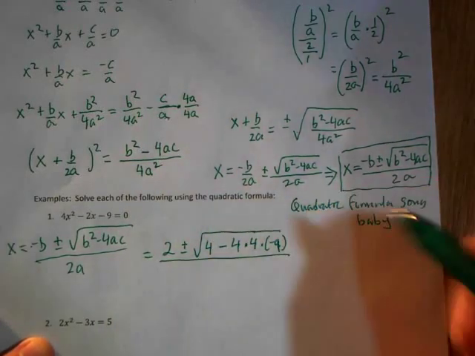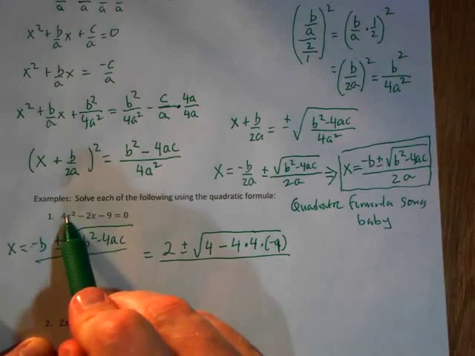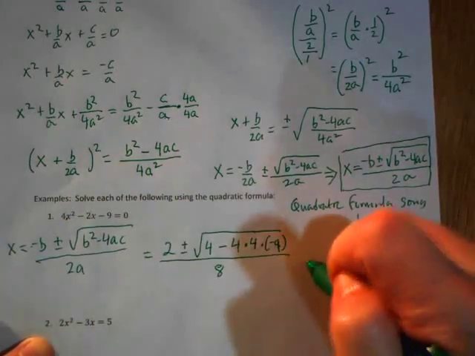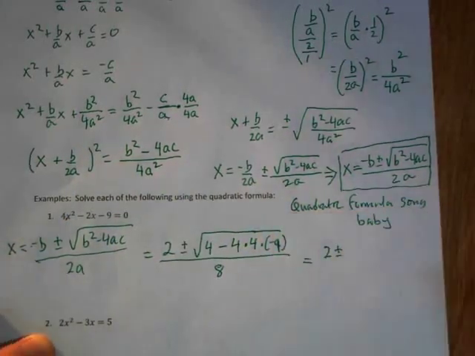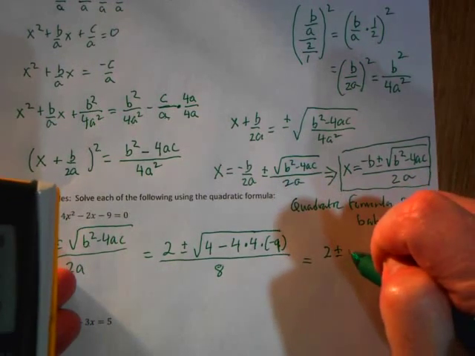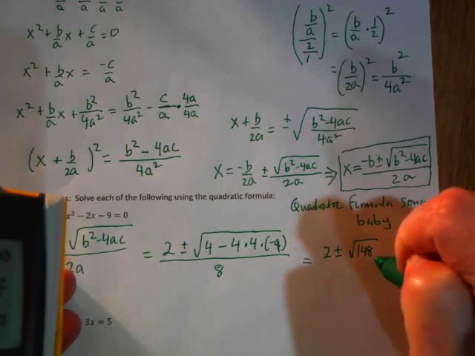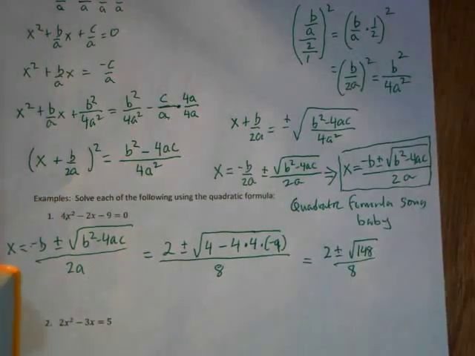All divided by 2a. a is the number 4, so 2a is 8. So that's 2 plus or minus. Here's where the calculator comes in handy. 4 minus 4 times negative 9. Calculator tells me that's 148, so I have the square root of 148 all over 8.